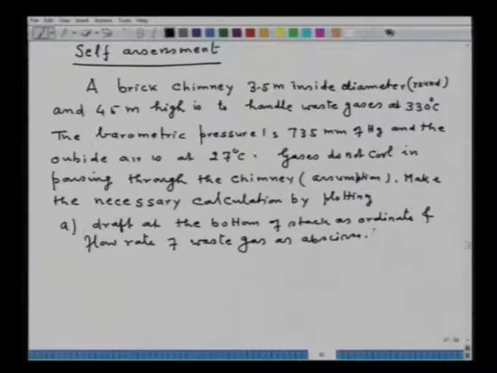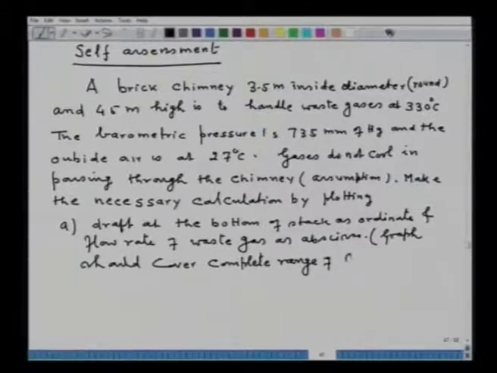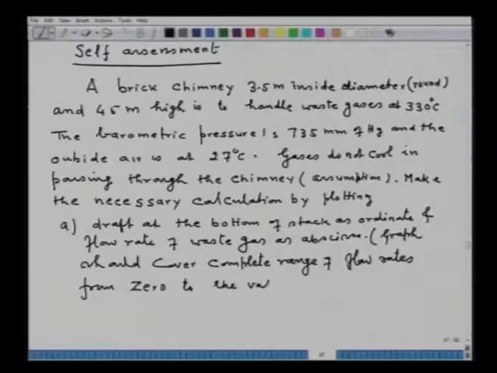Now, the graph should cover the complete range of flow rates, from 0 to the value of flow rate at which the available draft is 0.